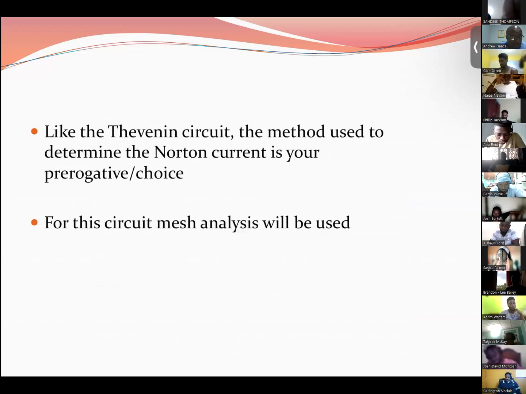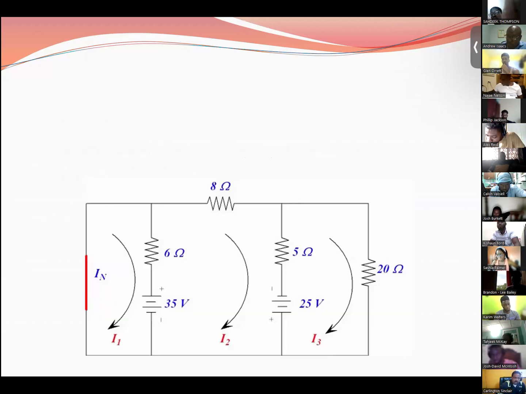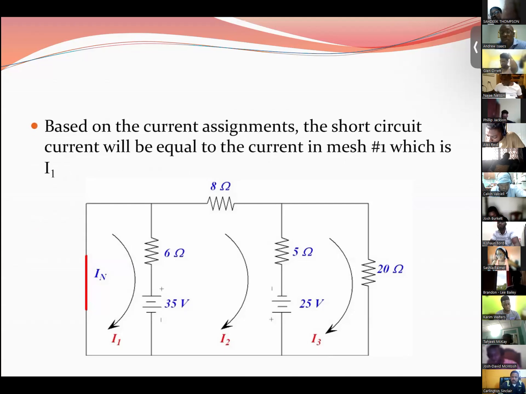So it's your choice. This is the one time you get some freedom of choice in network. But of course, you need to exercise that freedom with some care. So in using mesh analysis, this is what our circuit will now look like.